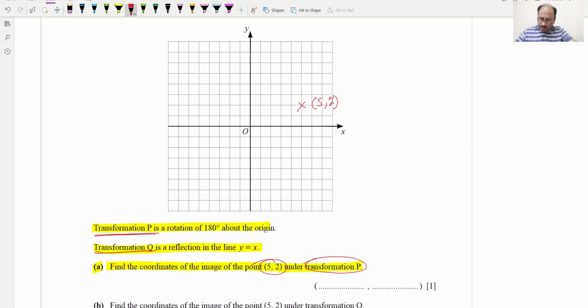After reaching here, we'll be applying transformation P, and transformation P is what? A 180-degree rotation. So we can apply the 180-degree rotation, and we will show the rotation.